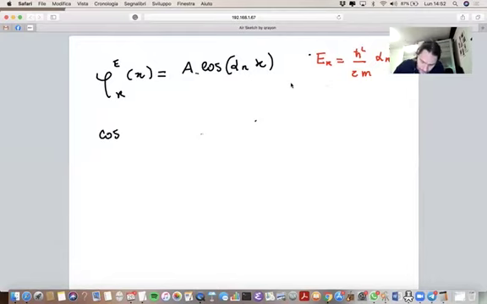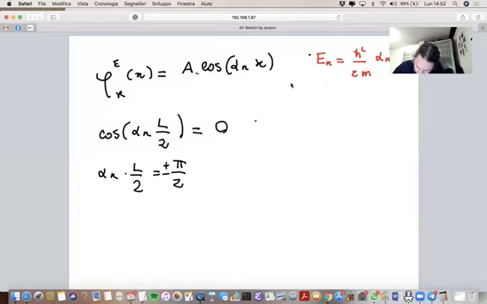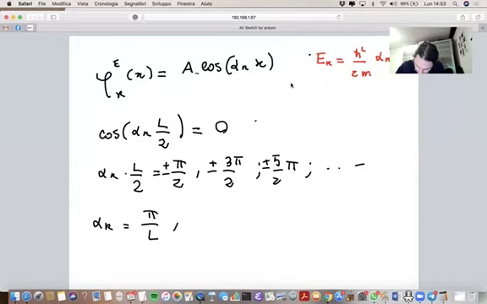And so from the first of these two conditions, we get an equation fixing what alpha k is supposed to be, because we know that the cosine should be 0, which means that alpha k times L divided by 2 should be equal to pi half, plus or minus, and then 3 half pi, 5 half pi, and so on and so forth, which led to the conclusion that alpha k must be equal to pi over L, 3 pi over L, 5 pi over L, and so on.